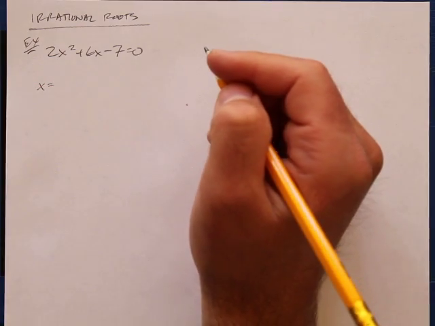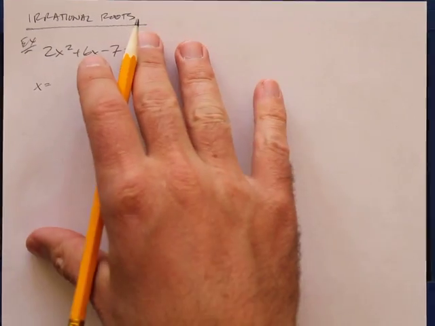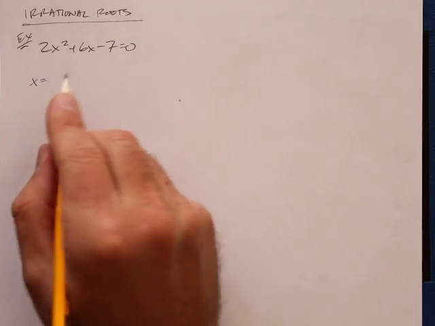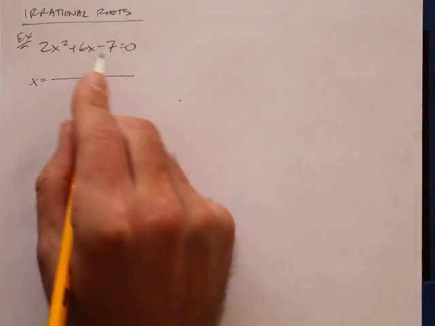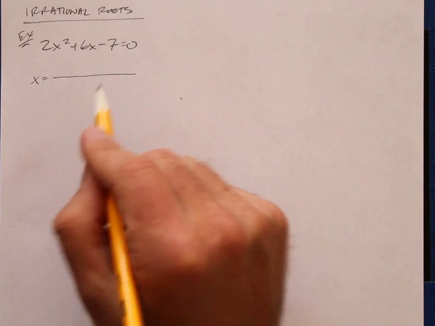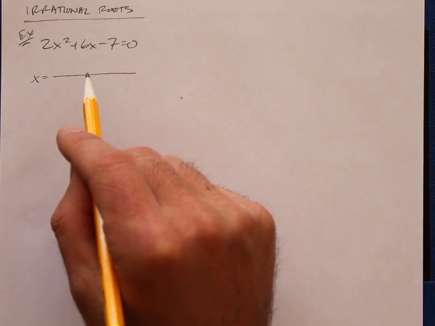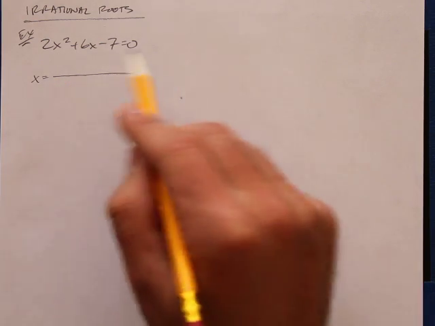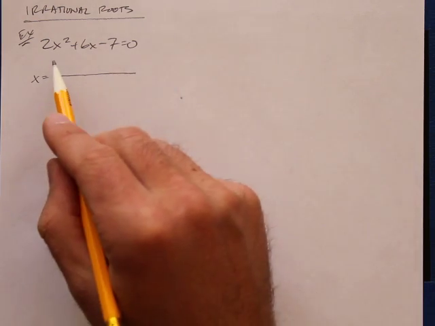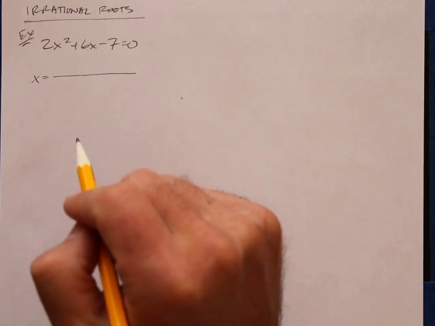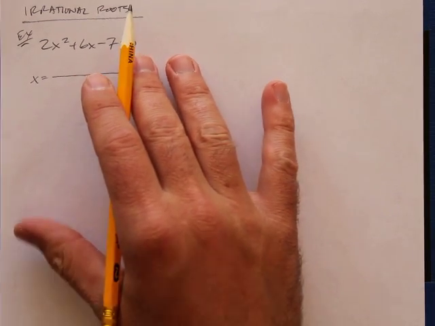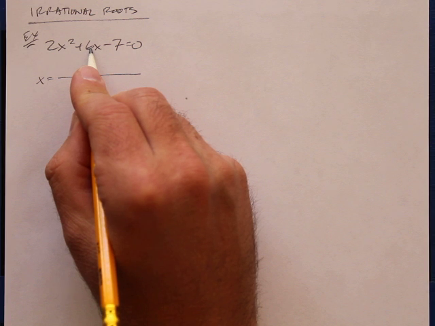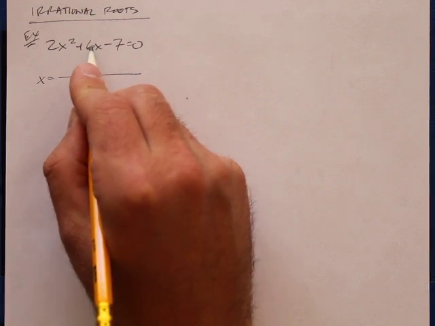That's what we're doing. This particular equation here, we couldn't even use the magic x on it, and you'll see why here in a second. If we were to try to use the magic x, we wouldn't be able to solve it. We have to use the quadratic formula.